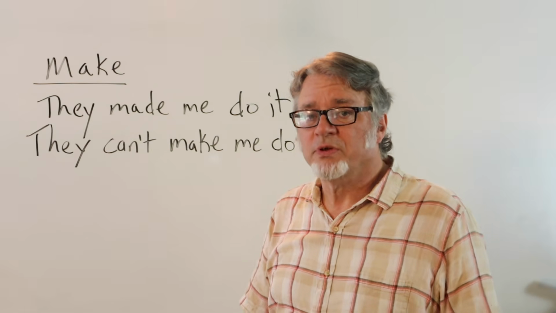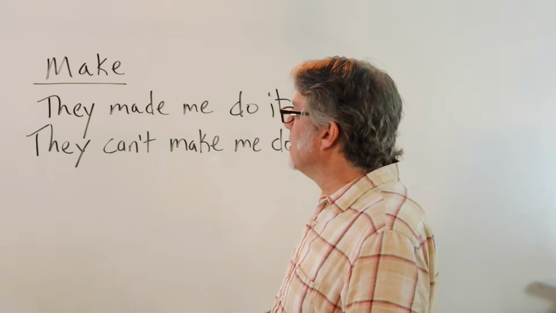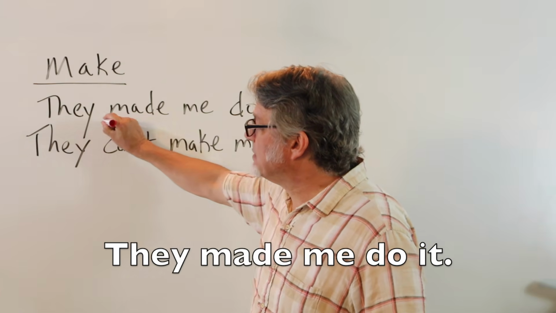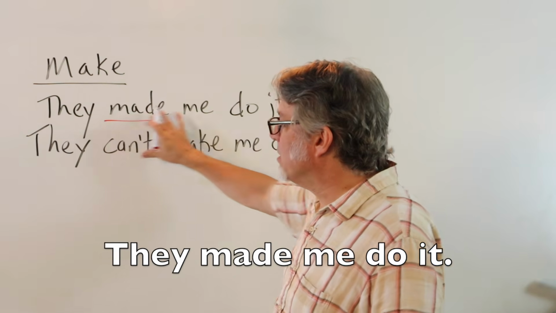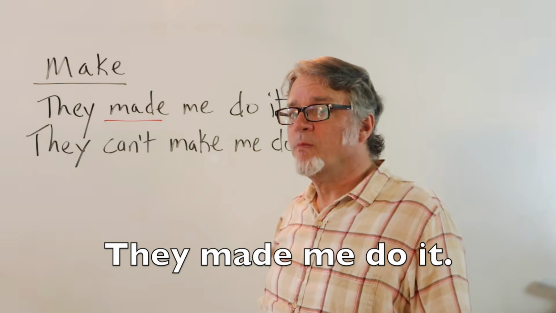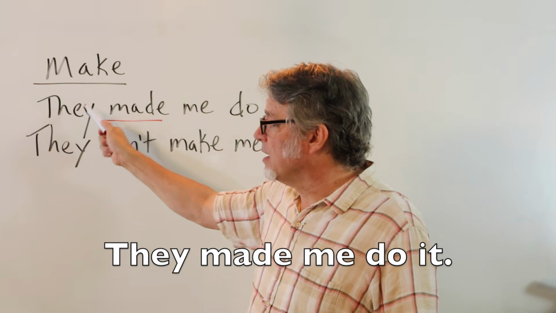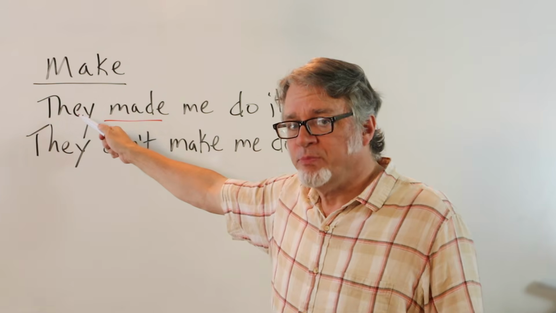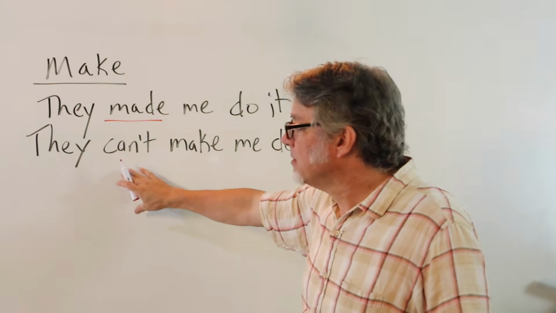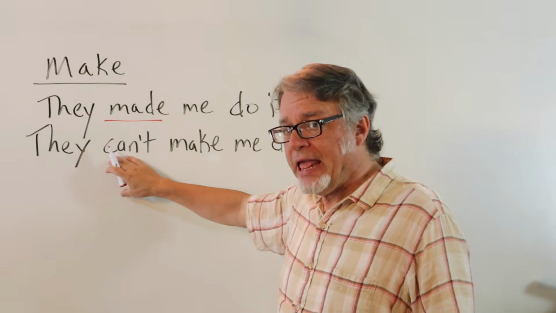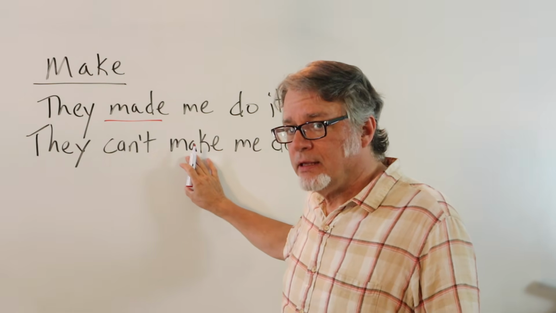Here are two simple sentences using the causative verb make. They made me do it. This is in the past tense. This is a very commonly heard sentence when someone is forced to do something. This could be a company or a group of people. And here's the negative. The modal verb can, negative, is often used with make.